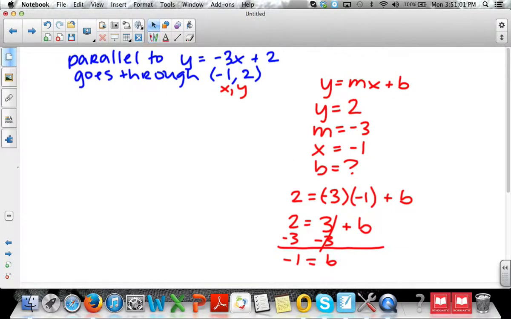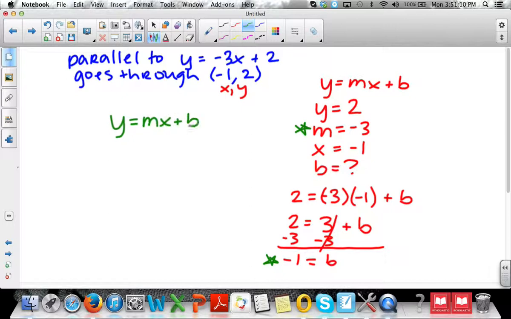So now I've got b, I've got m, so I'm going to go back to y equals mx plus b and put what m was and what b was. So this line, y equals negative 3x minus 1, is the one that is parallel to the given line up top, and it goes through (negative 1, 2).